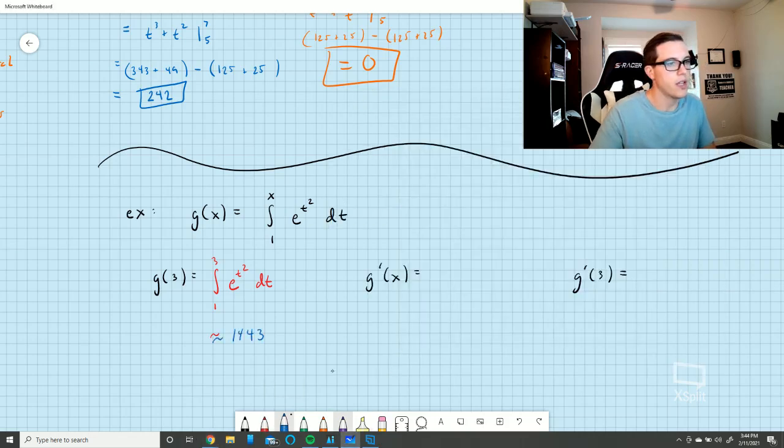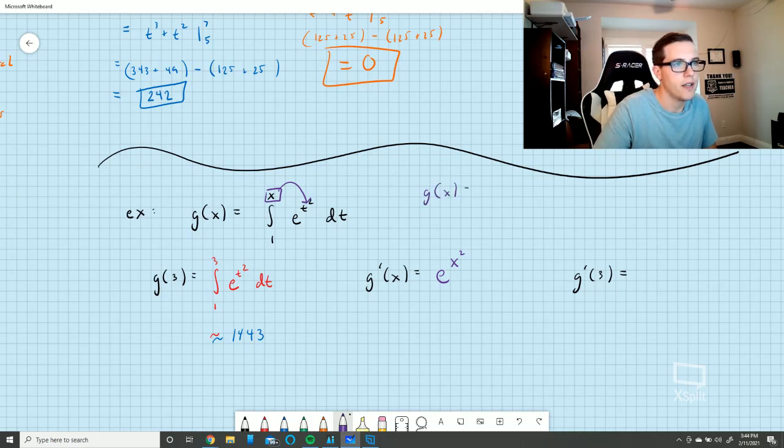Okay, so let's use that awesome sweet shortcut. G prime of x is equal to, just plug this bound in, and you get e^(x squared). So in other words, which I'll show you on the last example, if I define g of x as an integral function with f of t as the internal function, the derivative of that is just f with x plugged into it.